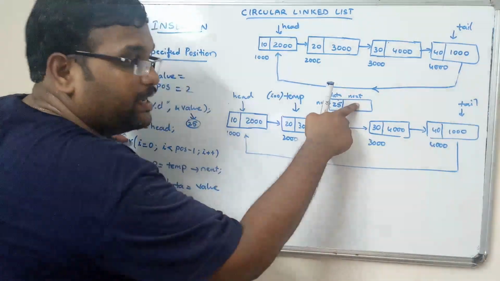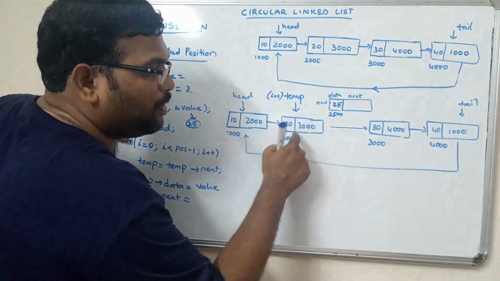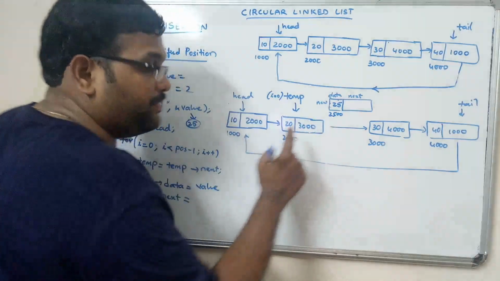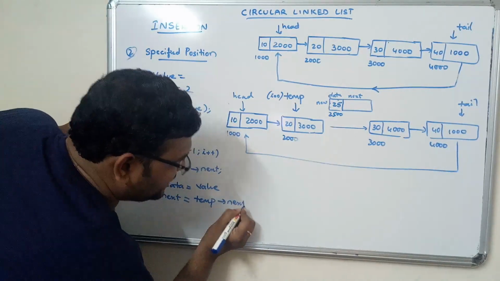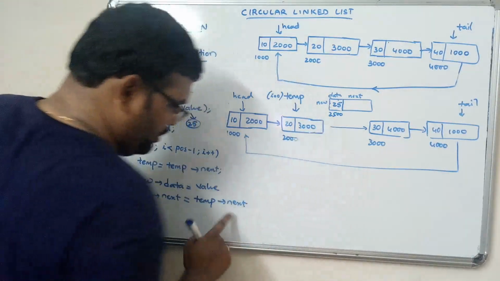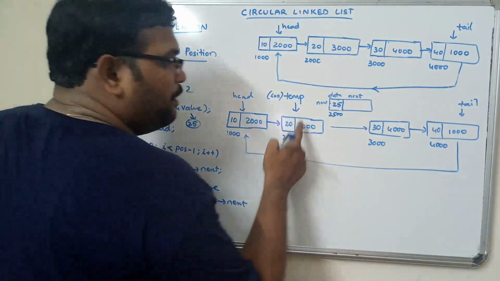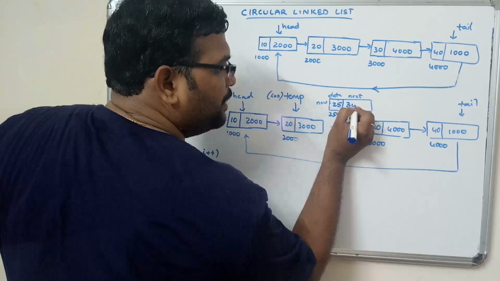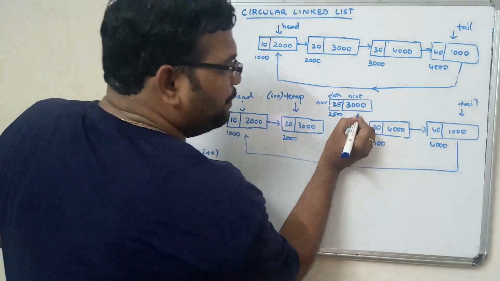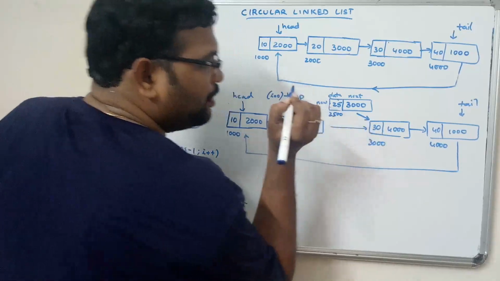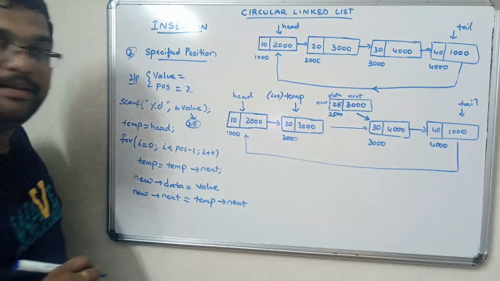What should be placed here? 3000. Where? Temp of next. After executing this statement, temp of next is 3000, so 3000 will be placed here. That means a link will be established from 25 to 30.